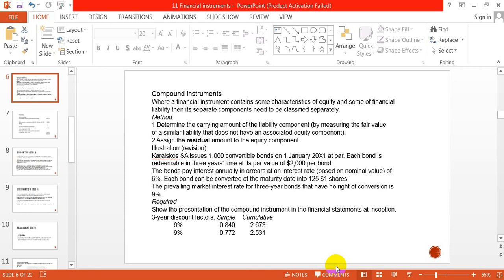The rate you use for discounting is the higher rate.